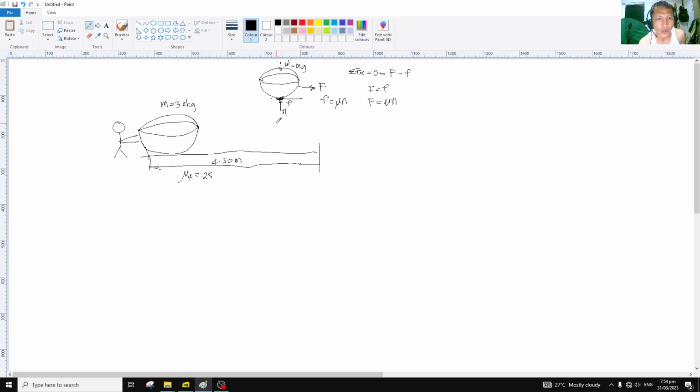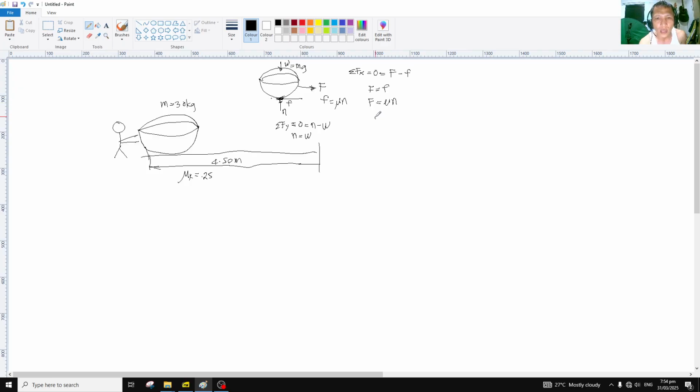Let's try summations of forces on y. Surely there is equilibrium on your y-axis, so that should also be 0. In summations of forces on y, the normal force goes up and the weight goes down. So basically, you have an equation that normal force is equal to weight.